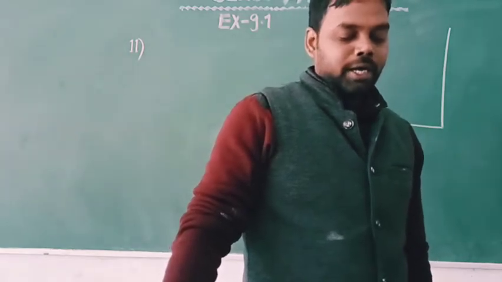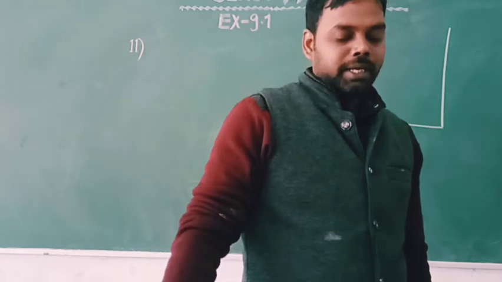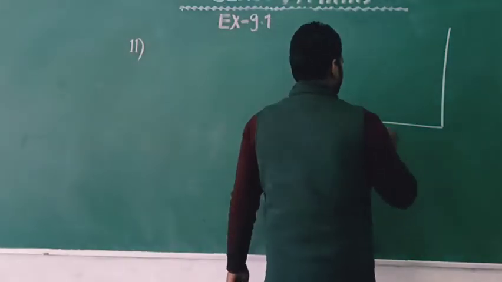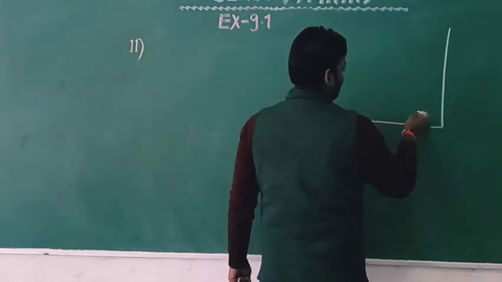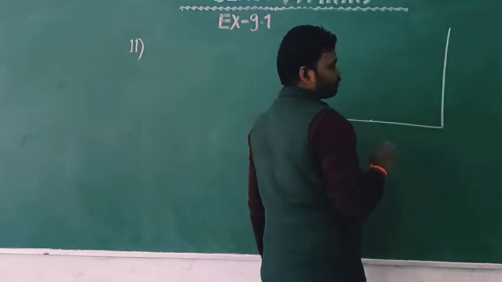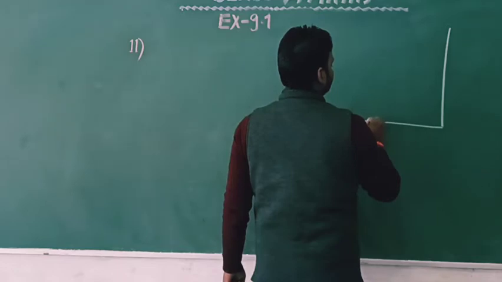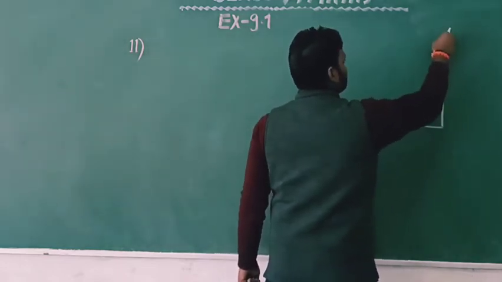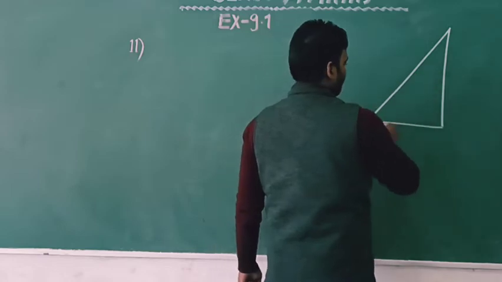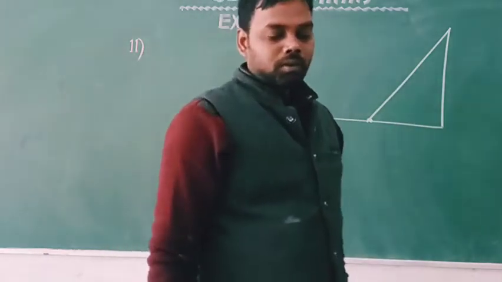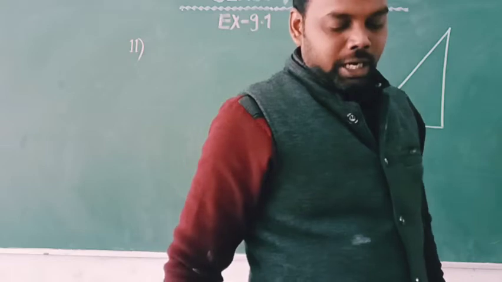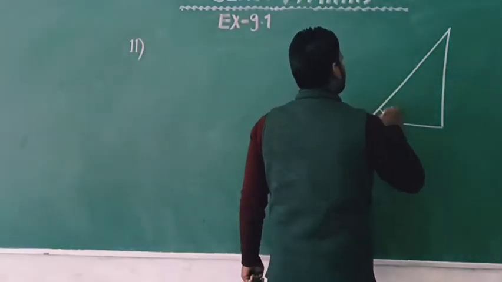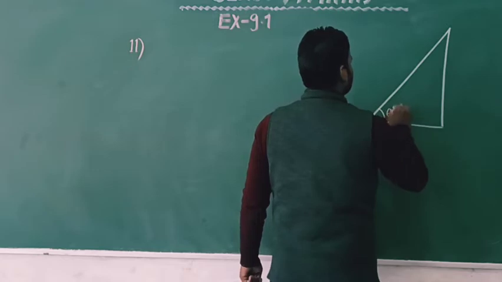From a point on the other bank directly opposite the tower, the angle of elevation of the top of the tower is 60 degrees. So this angle is 60 degrees.